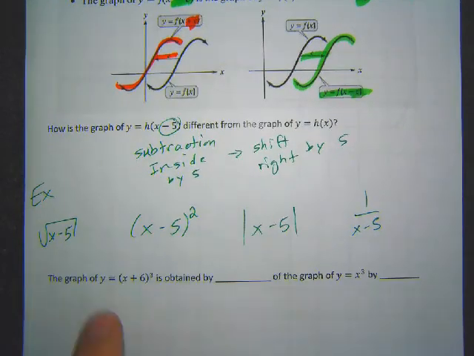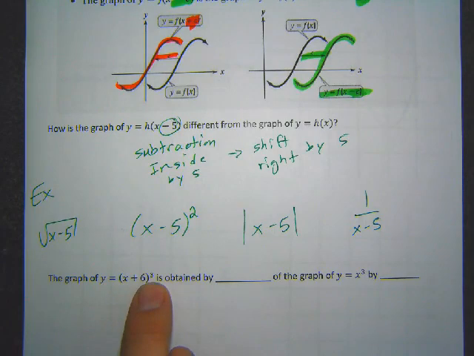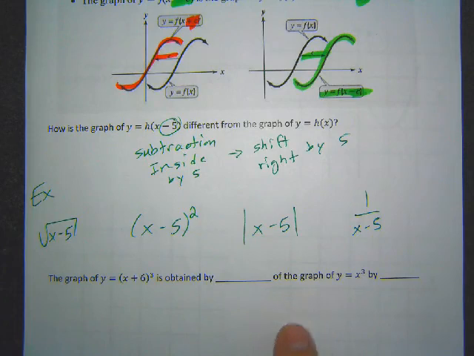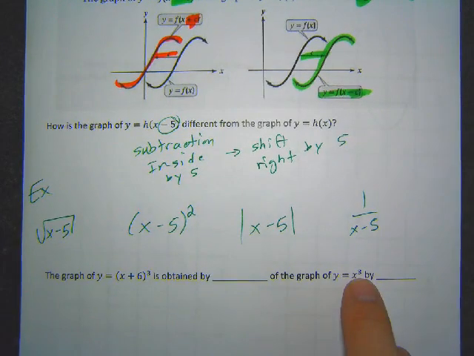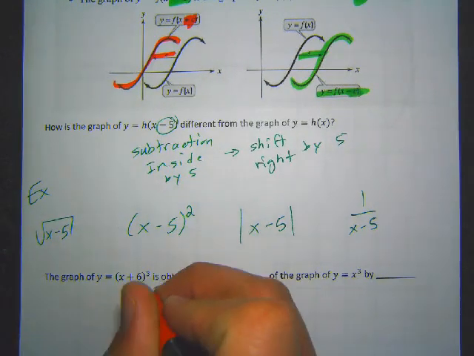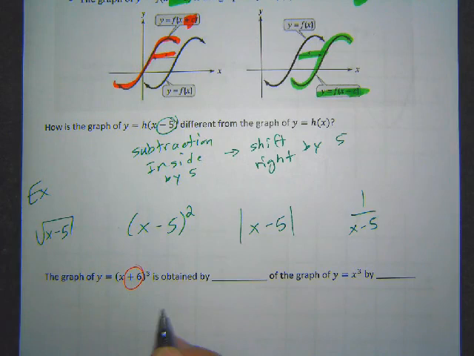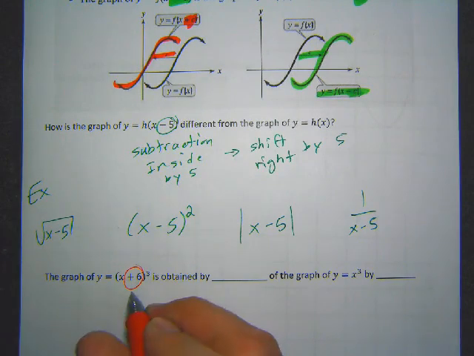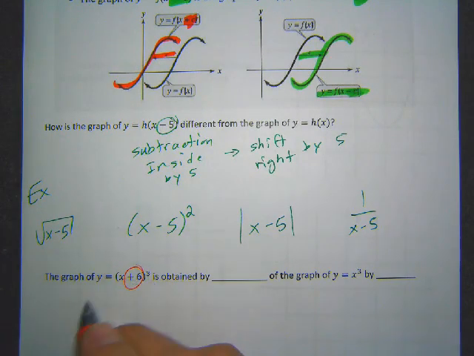Okay, we have the graph of y equals (x plus 6) cubed is obtained by doing what to the graph of y equals x cubed? By how much? Well, since this originally starts with x cubed, the only thing that's changed is this plus 6. And a plus 6 in this case is on the inside, so it's actually going to be a horizontal shift left, because we said addition actually goes to the left.